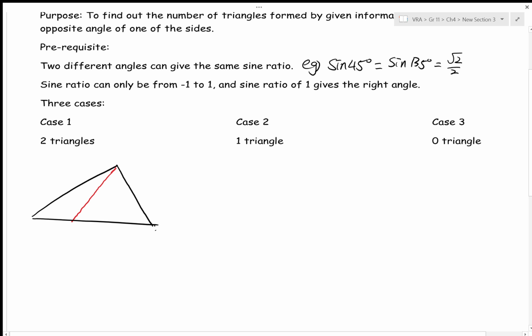That happens when you have two triangles, and that happens when your angle here, I'm going to call this one angle B for now, and this one is angle A. The B angle that you find from the sine law is an acute angle because I can simply swing the arm and form this obtuse triangle, the red one. So this is the case where your angle B is an acute angle.